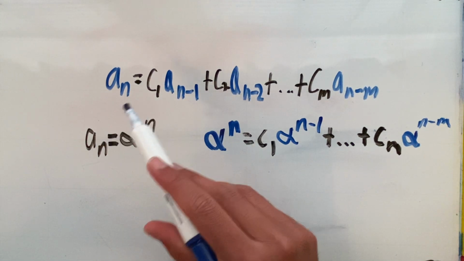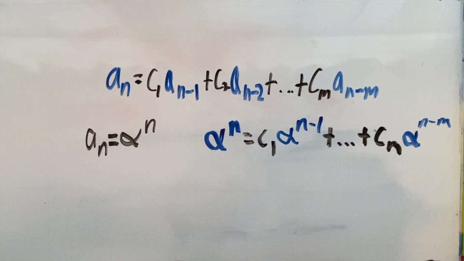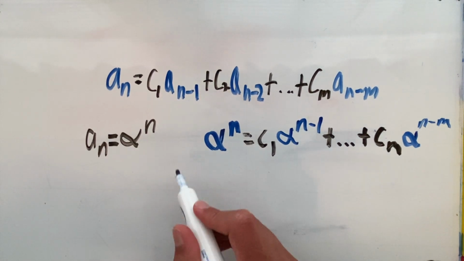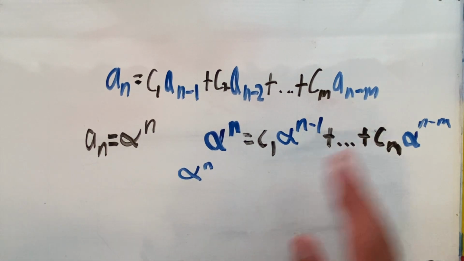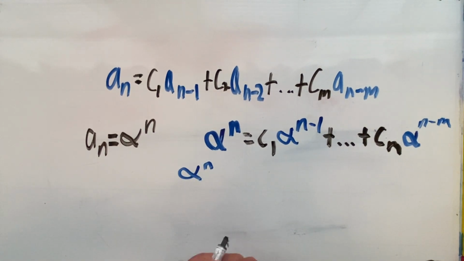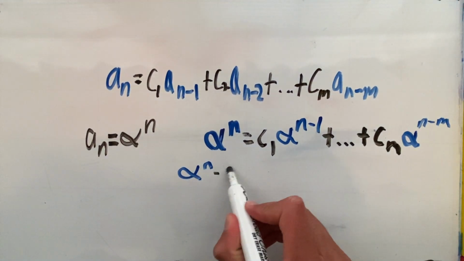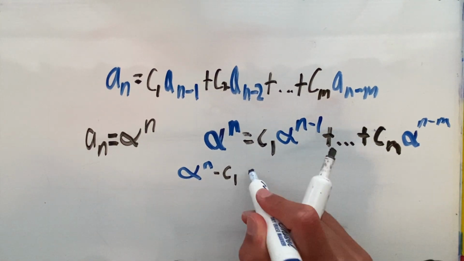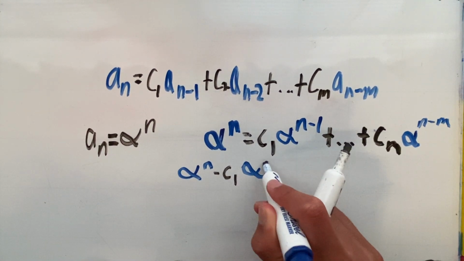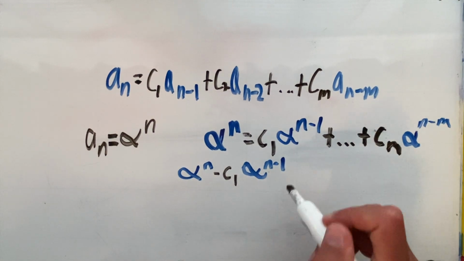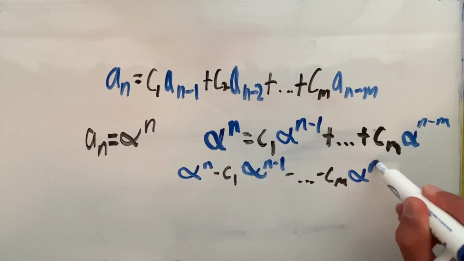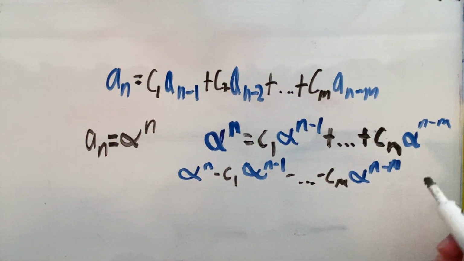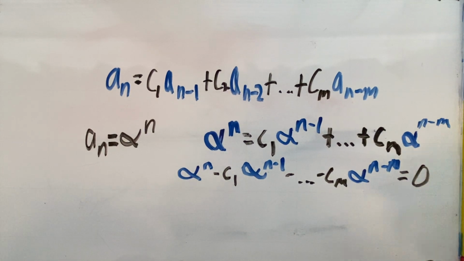So you assume that there's some alpha like this. And then you can solve this equation for values of alpha that could work. And you do this, it'll look something like this, alpha to the n, and then you want to just move all the terms to the left side. So it would be minus c1 times alpha to the n minus 1 minus dot dot dot minus c sub m alpha to the n minus m, and this all equals 0.